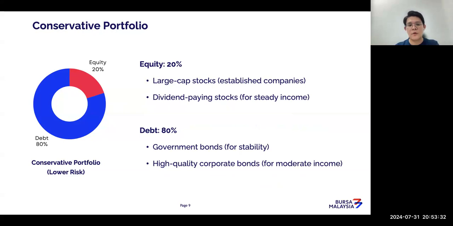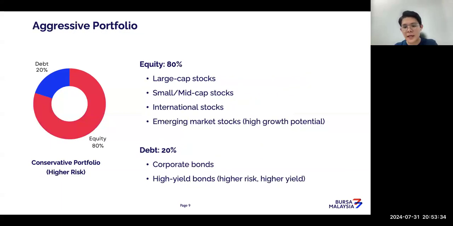For high yield bonds, these are small or medium to small companies. They also issue bonds, but because of their low credit rating, they will compensate you with a higher return.